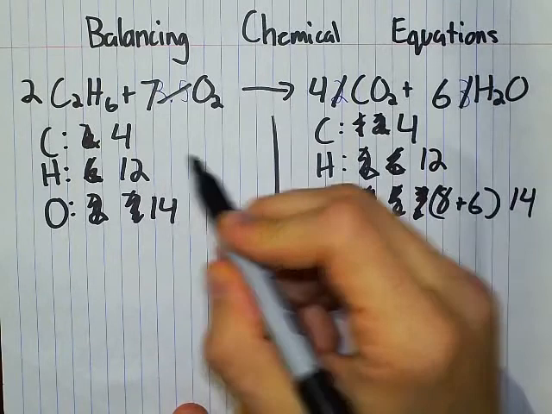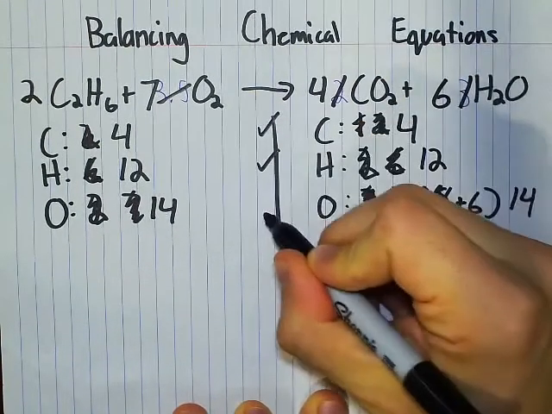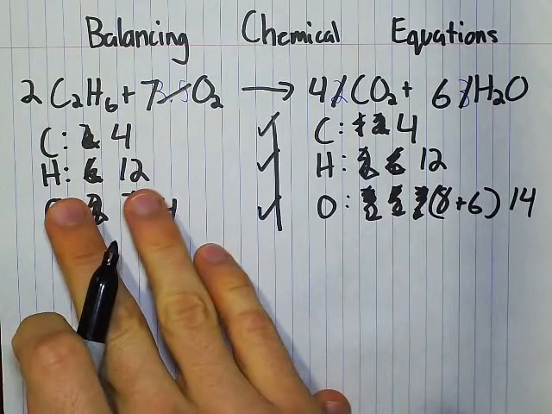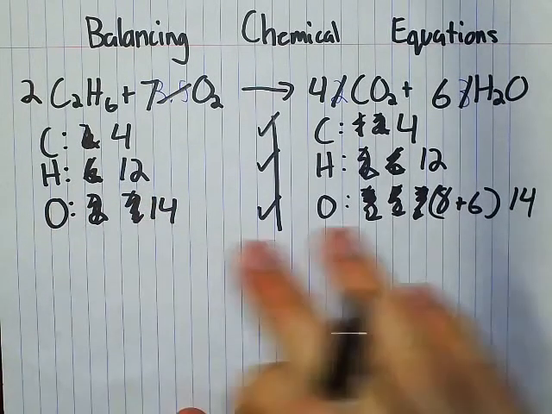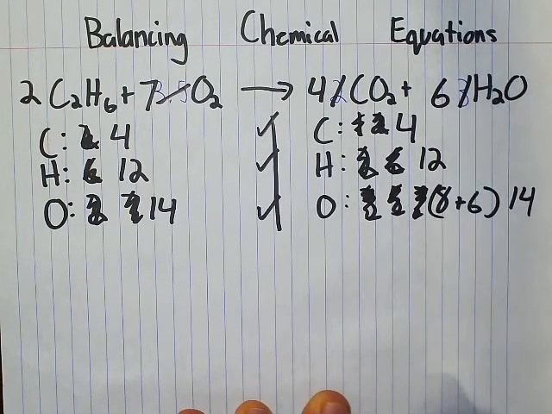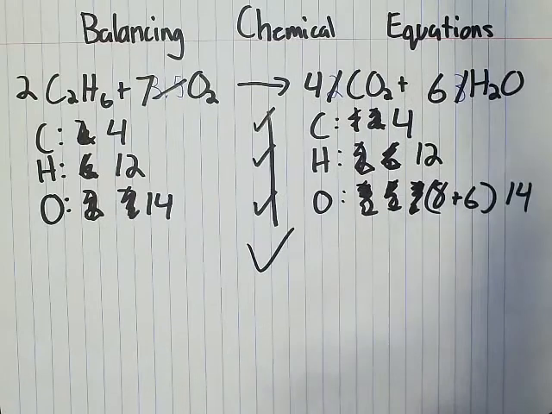So I've got a coefficient of 2, a coefficient of 7, a coefficient of 4, and a coefficient of 6. That gives me carbon that's balanced, hydrogen that's balanced, and oxygen that's balanced. All of the atoms on my reactant side exist on my product side. No mass has been created or destroyed, so we can say that this is balanced.